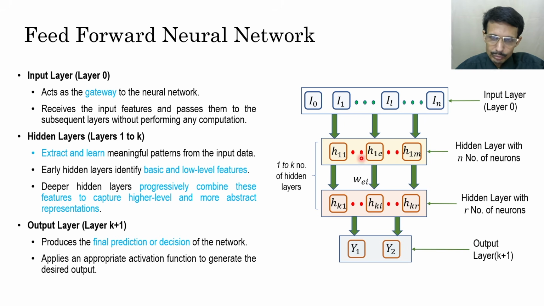When we go to deeper layers, these features are joined and we get more and more complex features. So early hidden layers model the low-level features, and we progressively combine these low-level features to capture higher-level and more abstract representations of the features.